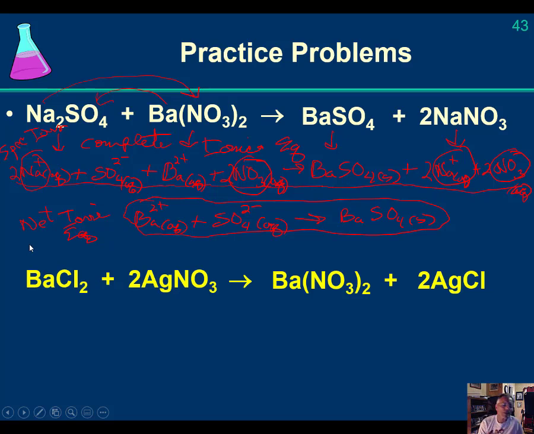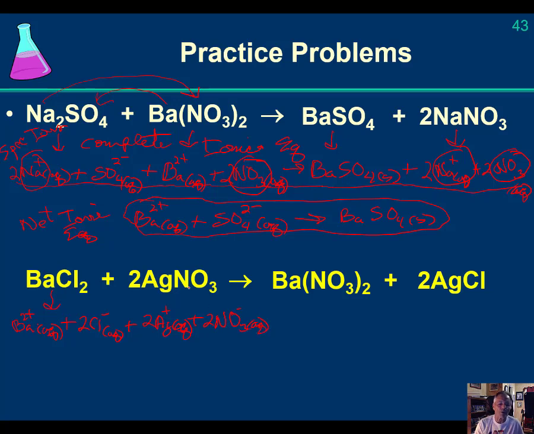All right, so we dissociate the soluble strong electrolytes. All chlorides are soluble except for silver, lead, and mercury, so this is a soluble salt. And so that's going to give us barium 2+ aqueous, 2 chloride ions, aqueous, plus 2 silver ions, aqueous, plus 2 nitrate ions, aqueous.